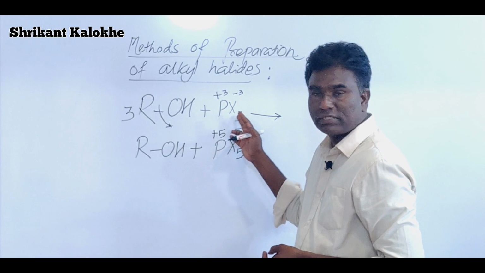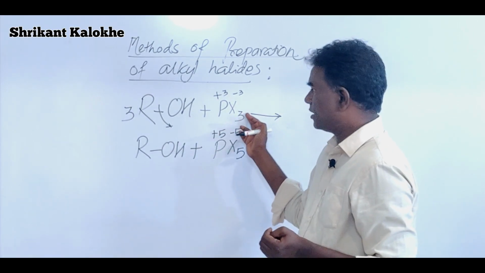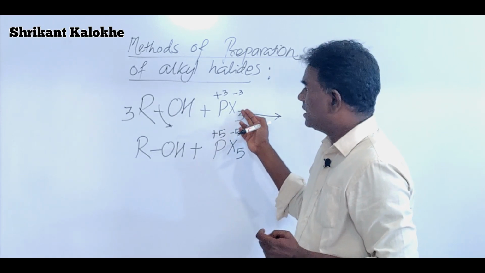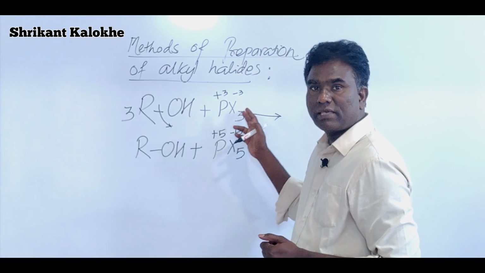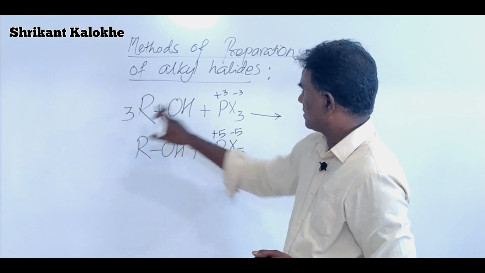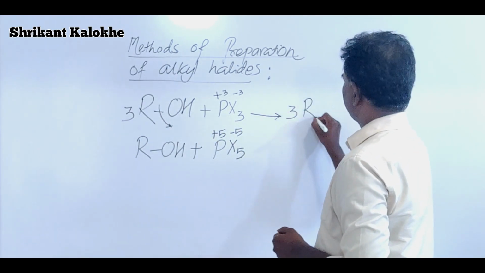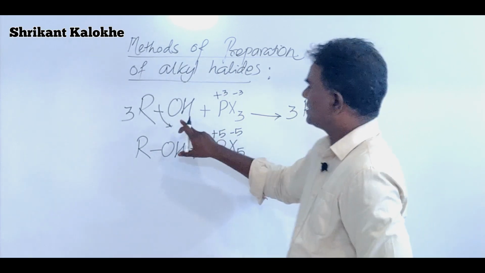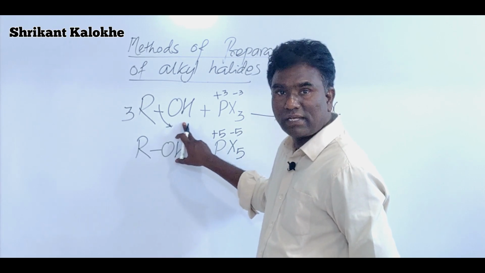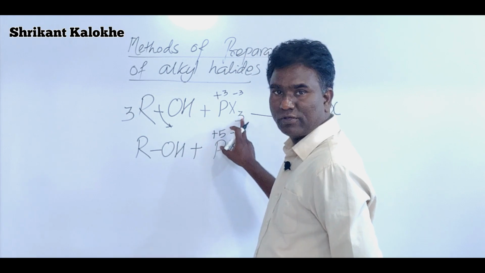Here are 3 halogens, therefore 3 OH could be displaced by 3 halogens, and we balance this reaction by giving coefficient 3 to ROH, meaning 3R and 3X, they form 3RX. In this way 3 OH are removed from these 3 alcohol molecules and they have been replaced by these 3 halogens.